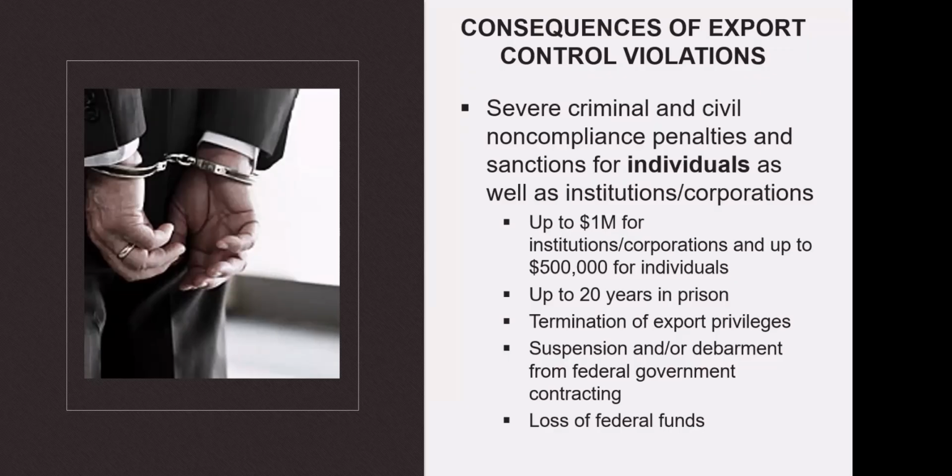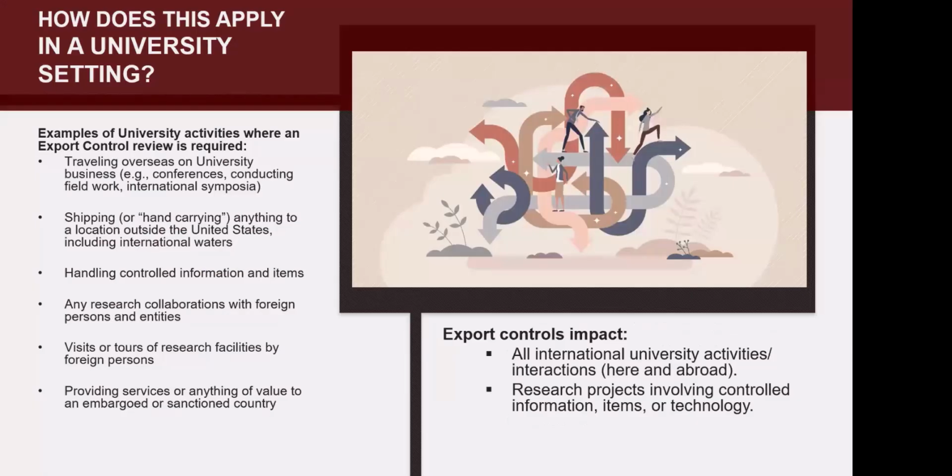And so it is important for research things to go through an export control review so that we're not faced with these consequences. So let's go into how export control review is integrated into a university setting.